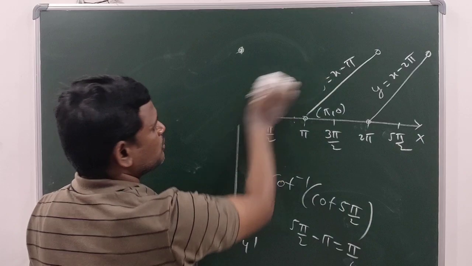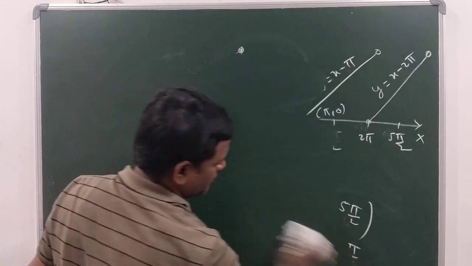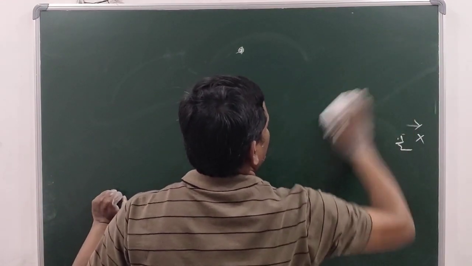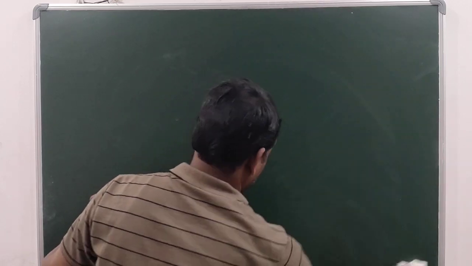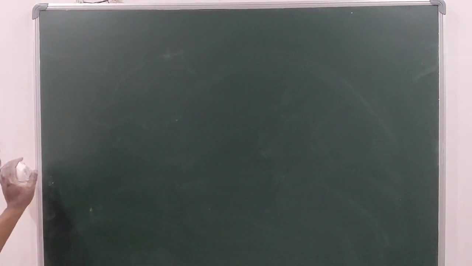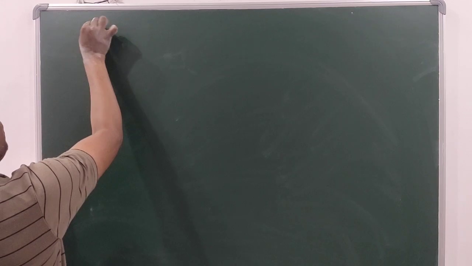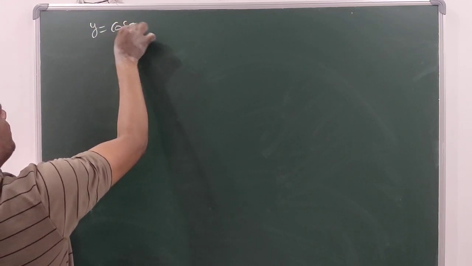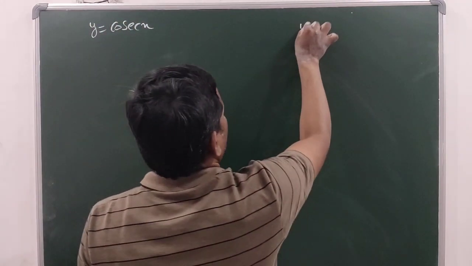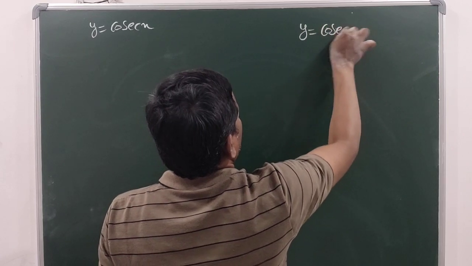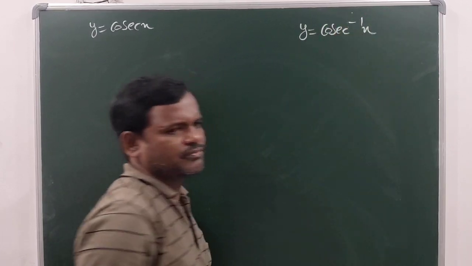Right. Now let us go to cosec inverse and cosec x. Okay students, now let us observe the graph of y equal to cosec x and y equal to cosec inverse of x.